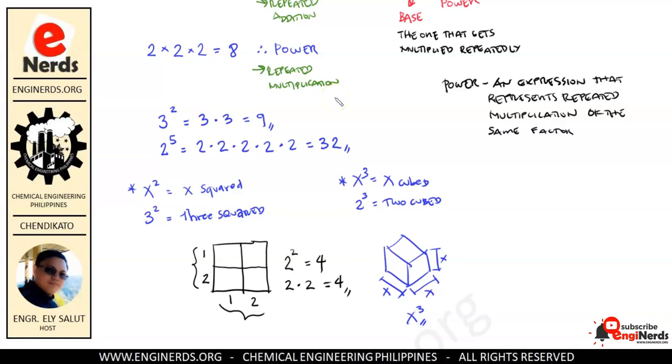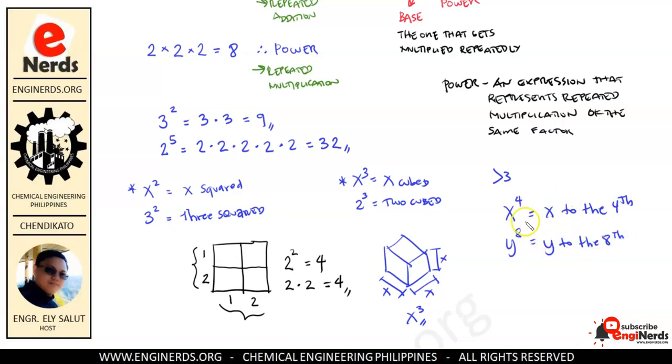Now, other numbers greater than 3 will be called according to the order numbers. For example, you have x with an exponent of 4. This is called x to the 4th. Or y with an exponent of 8 is called y to the 8th.